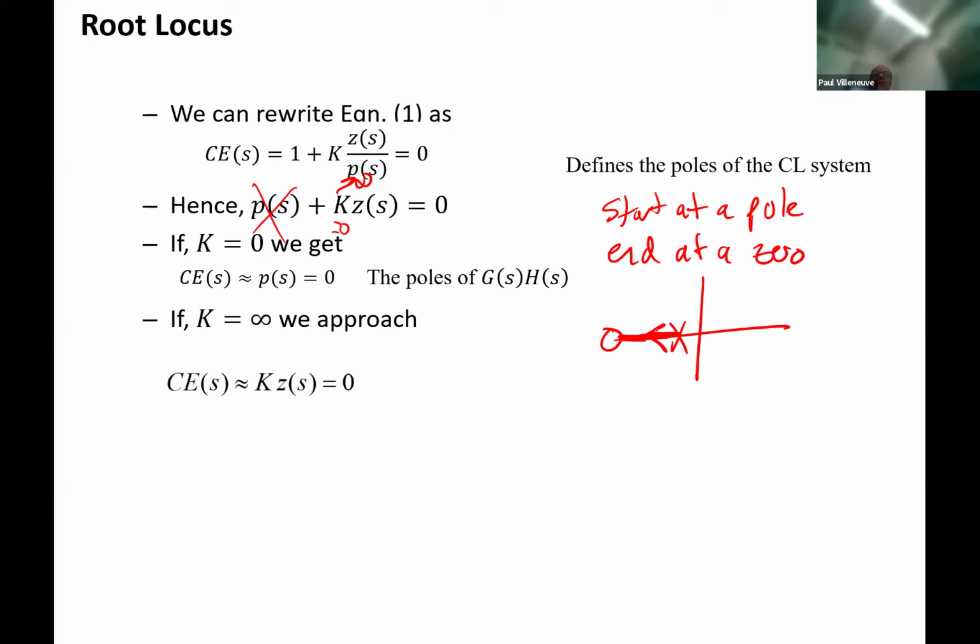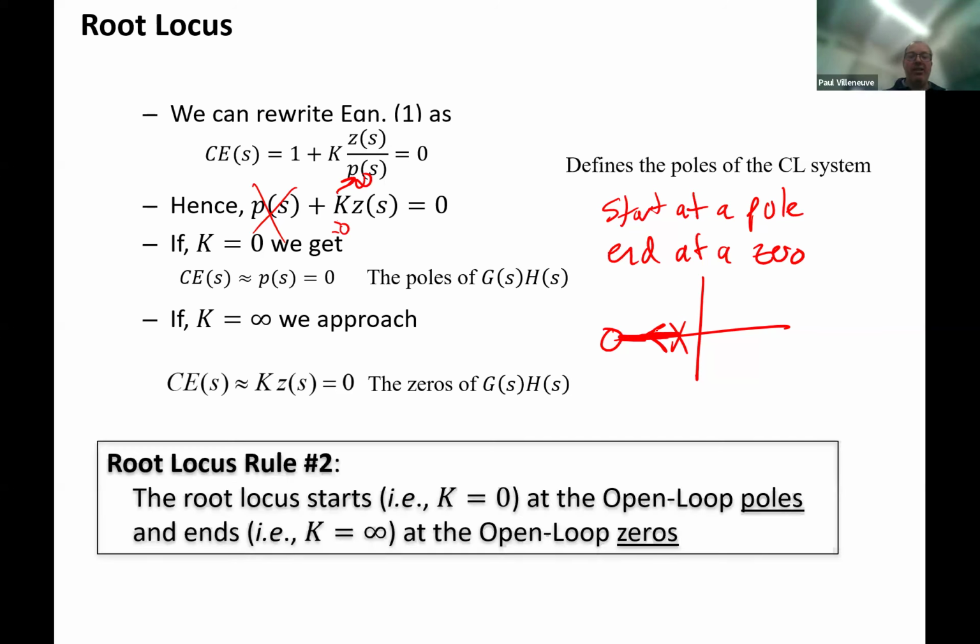So every root locus has a starting point at a pole and has to terminate at a zero. It can't terminate at another pole. That's our second really important rule, and it helps you when you identify your root locus.